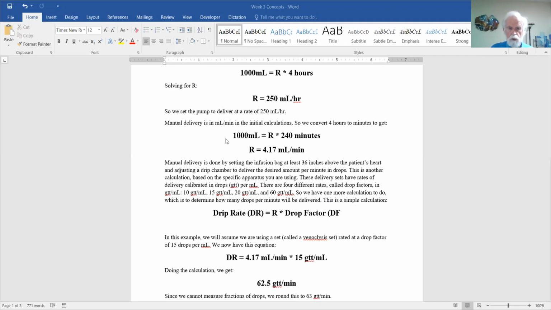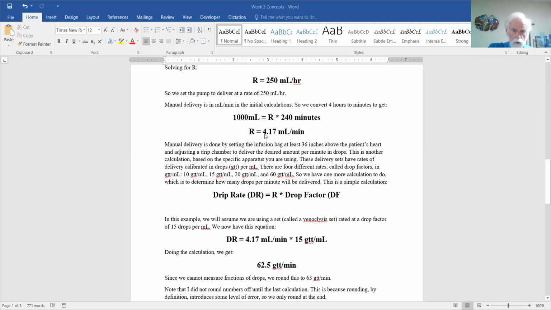In this case, we calculate 1,000 milliliters in 4 hours, and we want to know how many milliliters per minute. We do that calculation by dividing 240 into both sides, and we get 4.17 milliliters per minute. Again, we don't round that off.